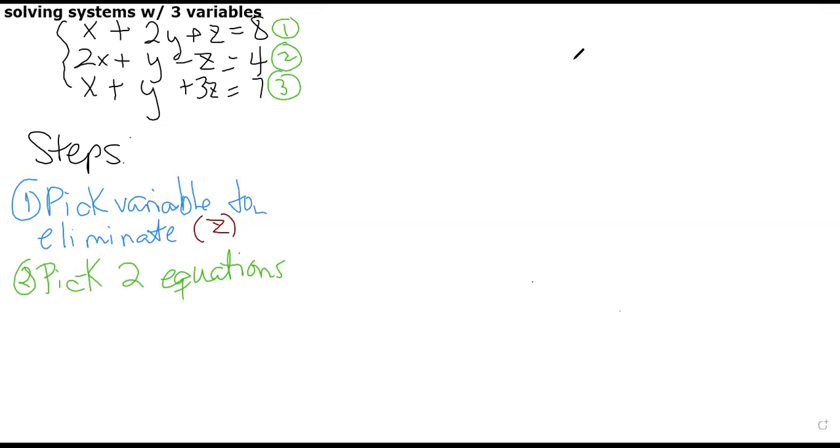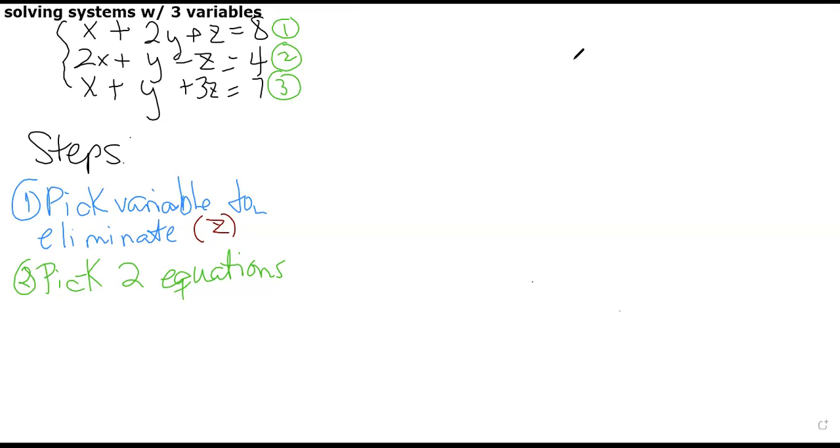You can pick any two, and we're going to deal with the third one after. So which are the first two you want to work with? The first two, okay, that one's good, right? Because it's a plus Z and a minus Z, so I don't actually even have to multiply anything.